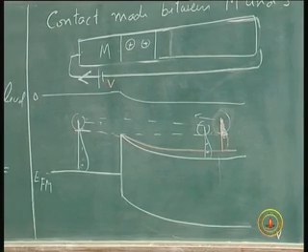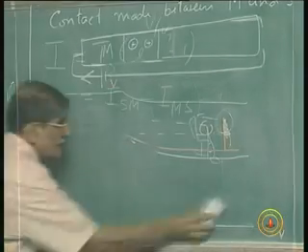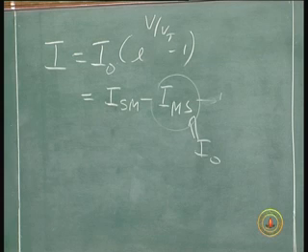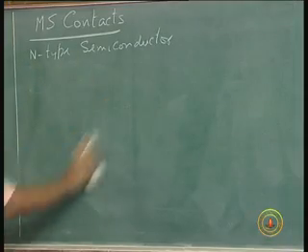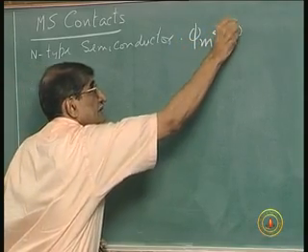Now, let us just take a look at the other case. I can remove all this now, quickly go through the second case, n type semiconductor with phi m less than phi s. It is interesting to see what happens in an n type semiconductor with this. So, the second case now, what we are going to see is phi m less than phi s.